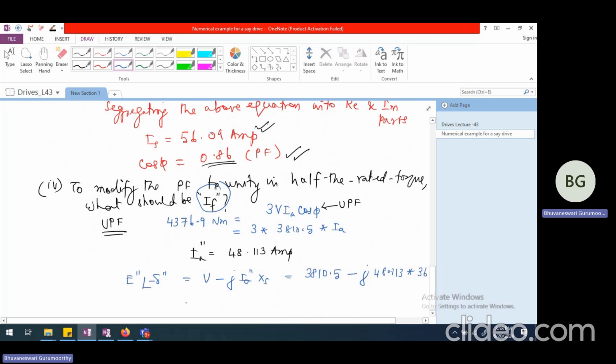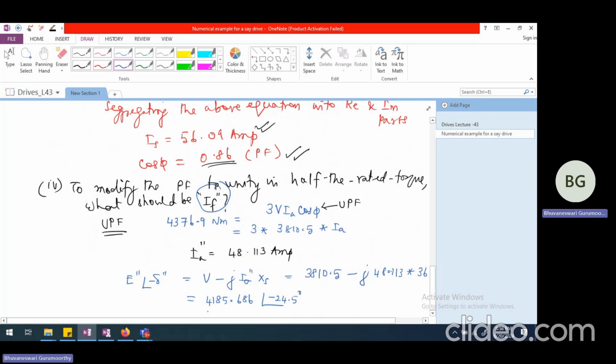So this will give us what is E angle minus delta, and that comes out to be, E comes out to be 4185.686 volts with an angle of minus 24.5 degrees.